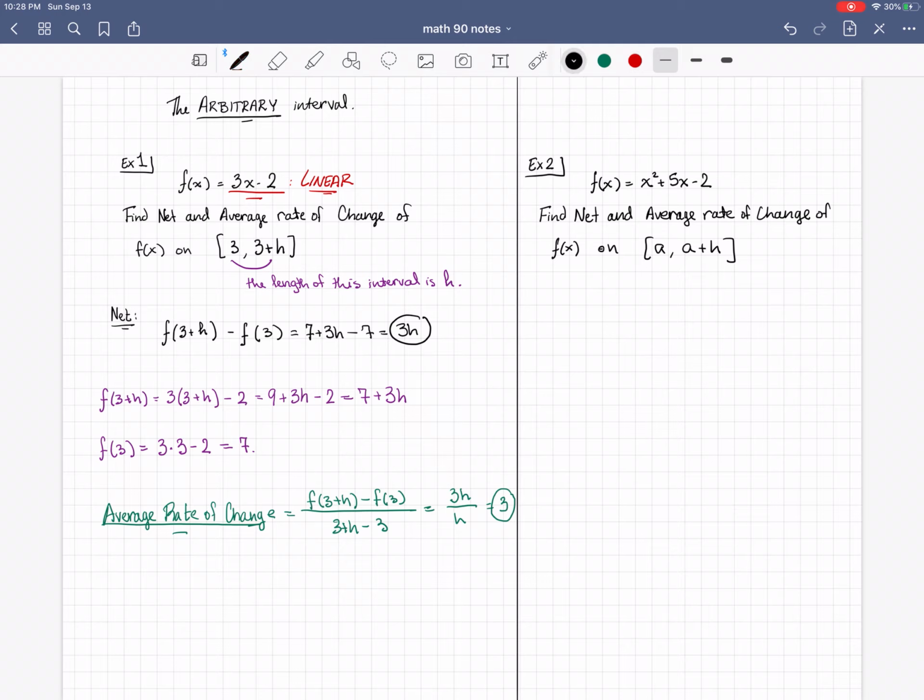So if we wanted to quickly sketch it, here's a quick coordinate system. 3x minus 2 is already given to us in slope-intercept form. So the y-intercept is (0, -2), and the slope is 3.